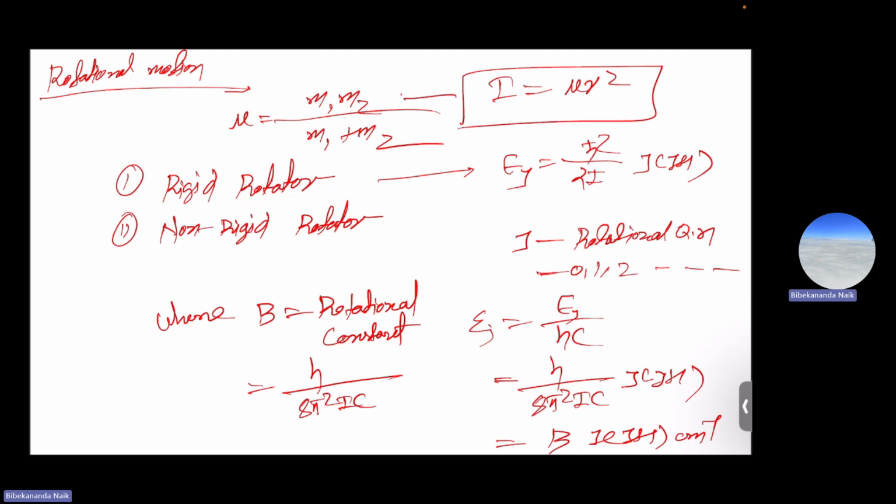The concept of mu comes into the picture when we are considering the rotational motion of a molecule.